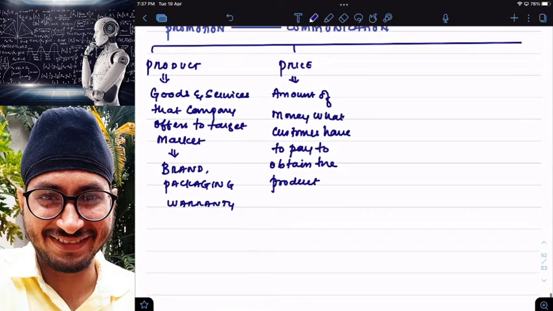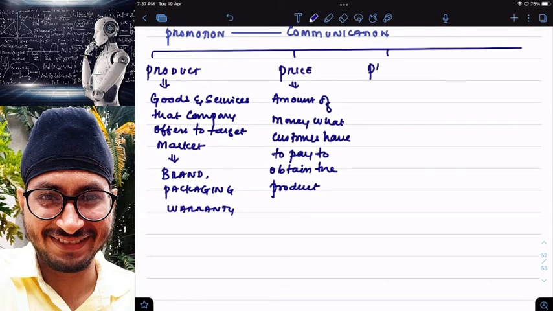Next, then we have place. Sir, place means location where you can come and buy my product. What am I planning to sell to you? Product. How much money you have to pay to me to buy that product? Price. But where you should come and buy my product? Place. So place means location. Clear? Place stands for what?